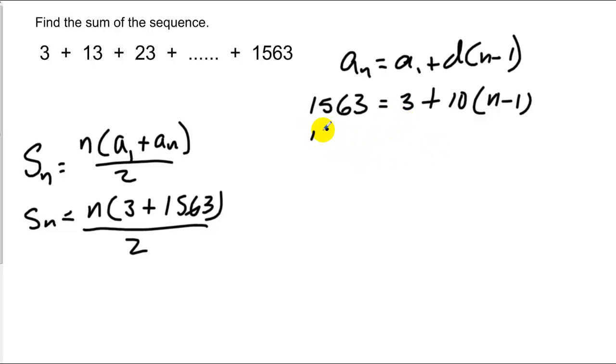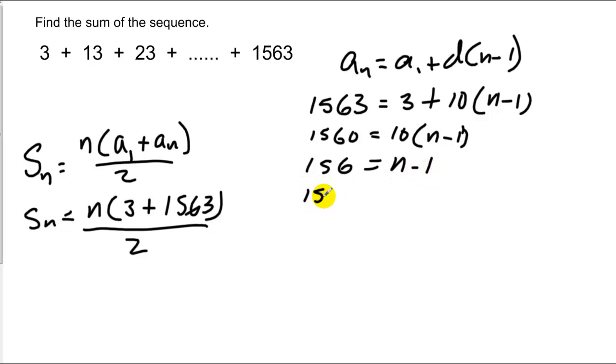Subtract 3 from both sides, get 1560 is equal to 10 times the quantity of n minus 1. I divide both sides by 10, so I get 156 is equal to n minus 1, and 157 is equal to the number of terms.